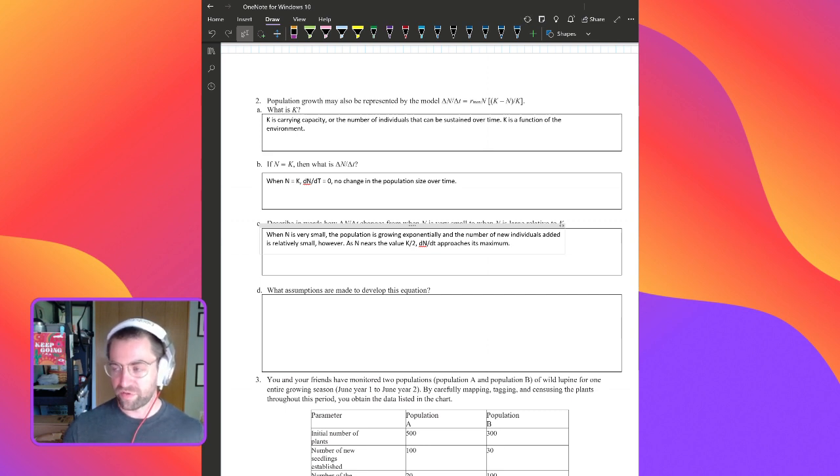So the number of new individuals that we're adding per unit time approaches its maximum at around half the carrying capacity of the environment. This is important. As n approaches k, the carrying capacity, delta N over delta t decreases. I said that backwards. Decreases.